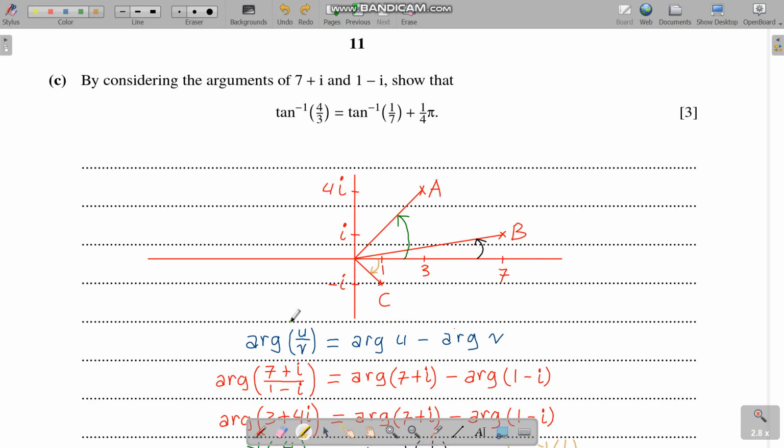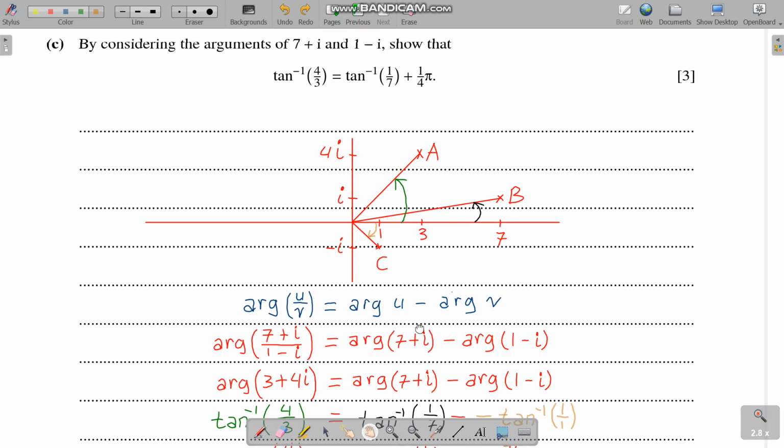The argument or the angle for division u over v is the argument of u minus the argument of v. So using this concept, we have the argument of the numerator and the argument of the denominator, and we subtract.